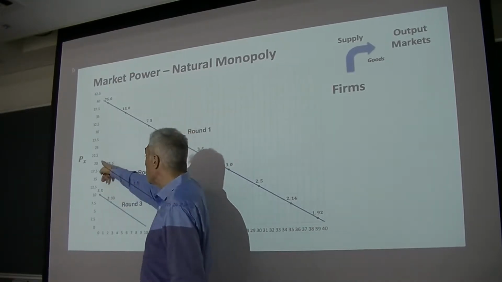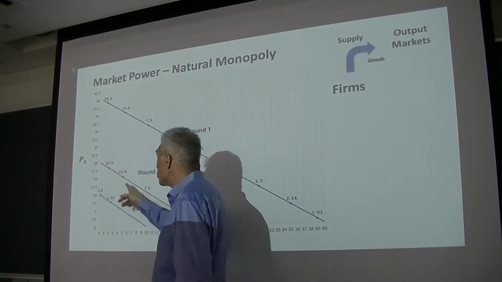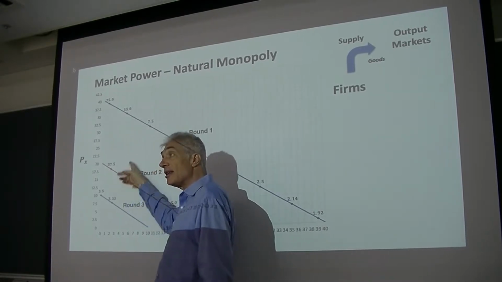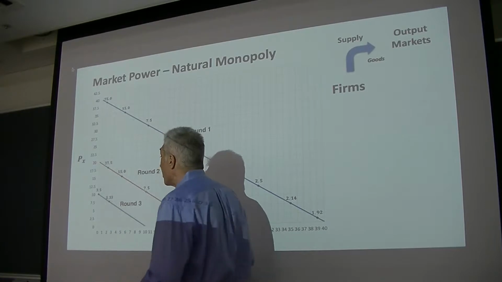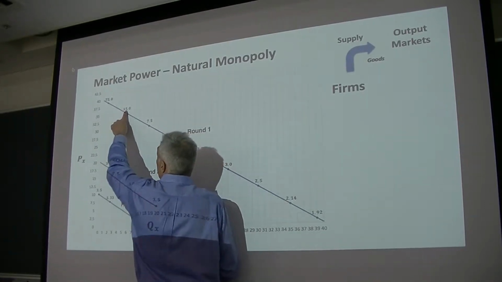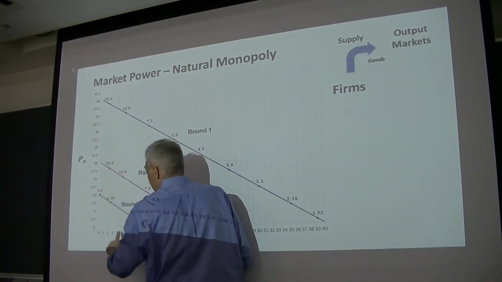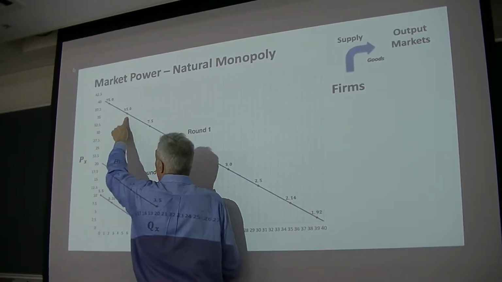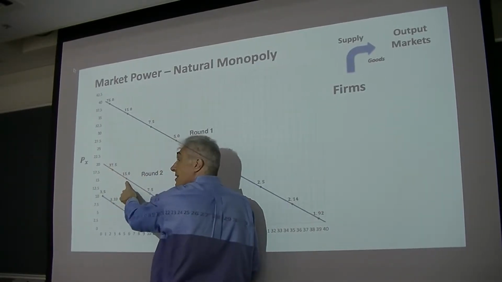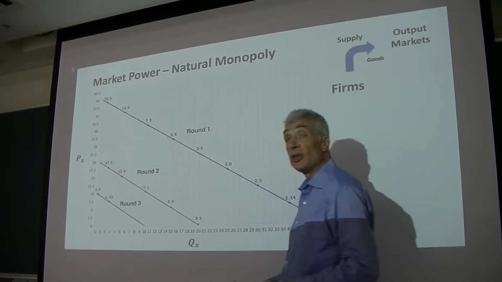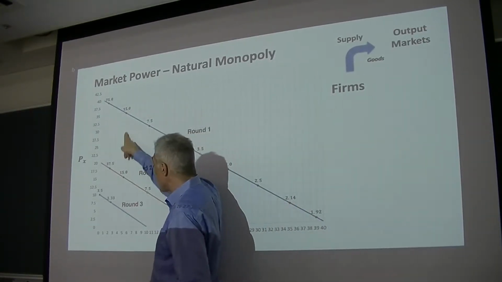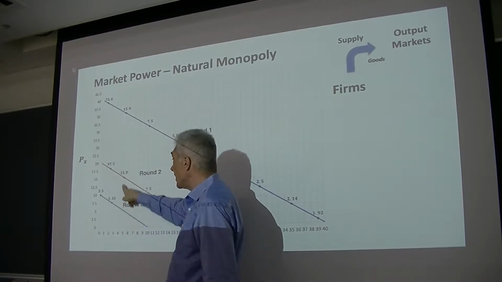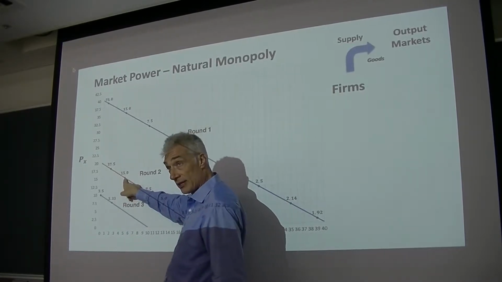That's what I'm trying to do: show on the demand curve the average cost that each firm faces at that level of output. Notice here, an output of 5 has an average cost of 15. It's the same average. If the two firms produce the same amount of the good, they have the same average cost.